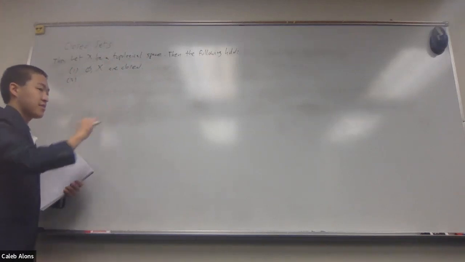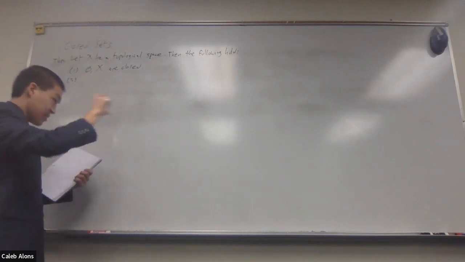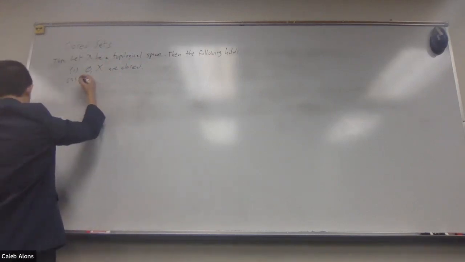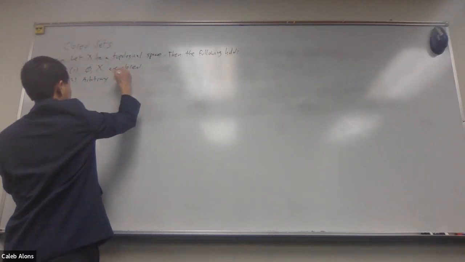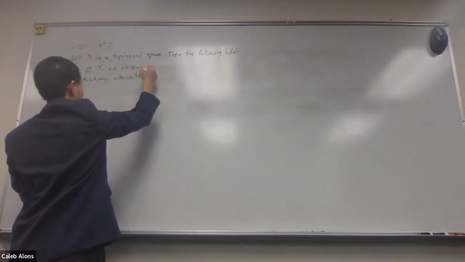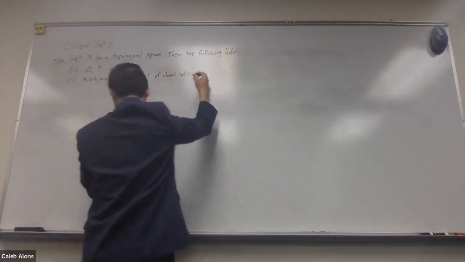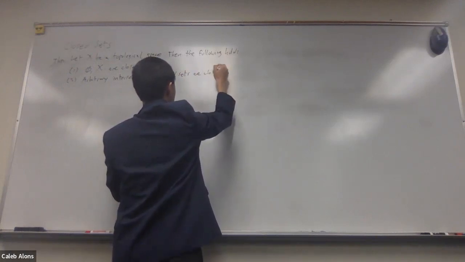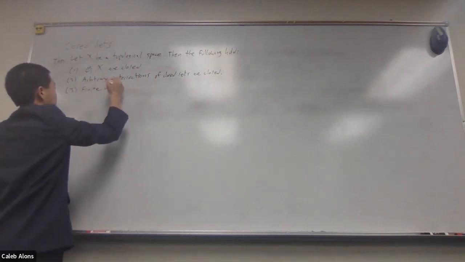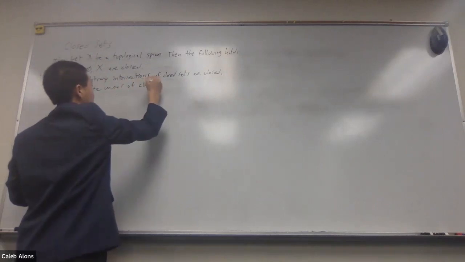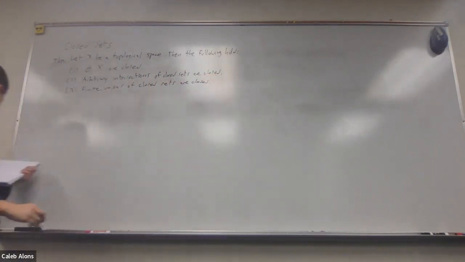Instead of arbitrary unions and finite intersections for the opens, it's now arbitrary intersections and finite unions. So arbitrary intersections of closed sets are closed. And then finite unions of closed sets are closed.